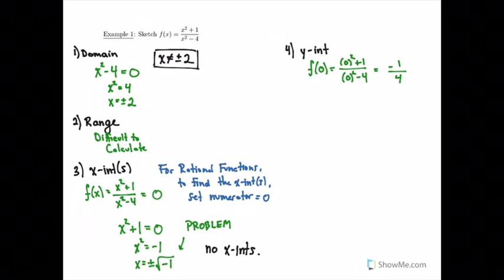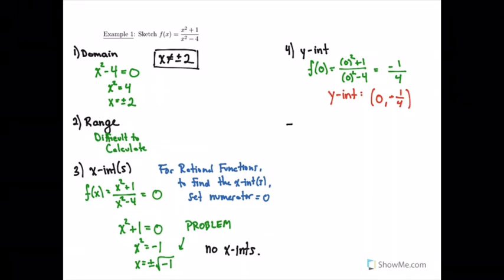Now the reason we have this is that our Y-intercept is going to be the point (0, negative 1/4), and now I have a point on my graph that I can start from. In order to graph any function, it's good to have some points. We're going to try to connect the dots in a particular way.